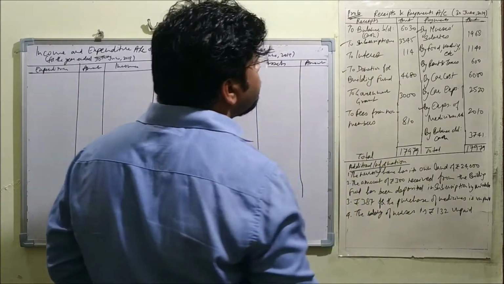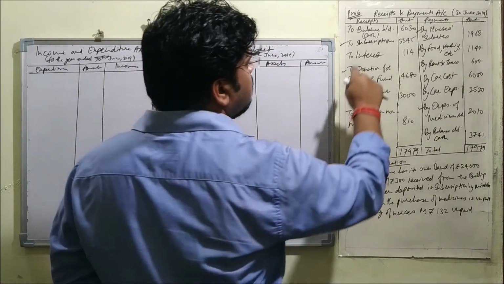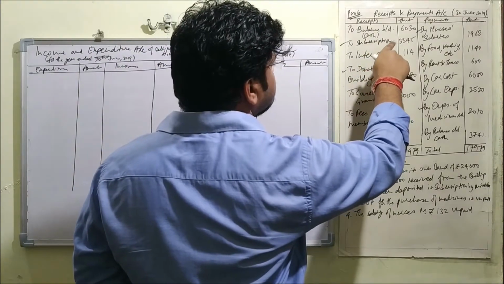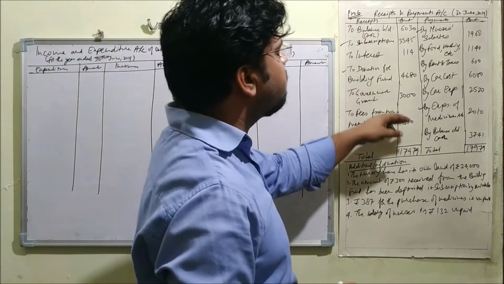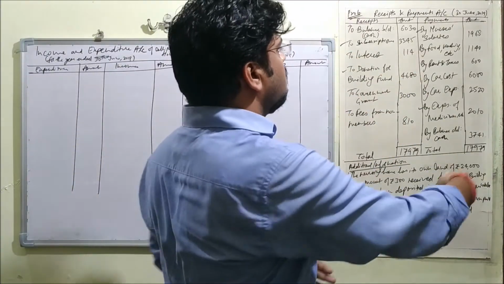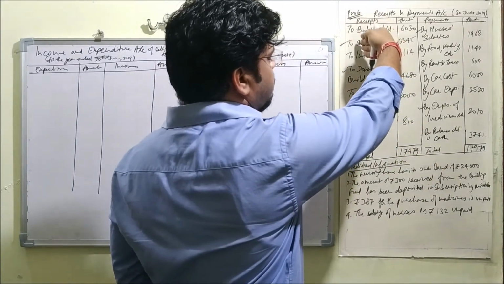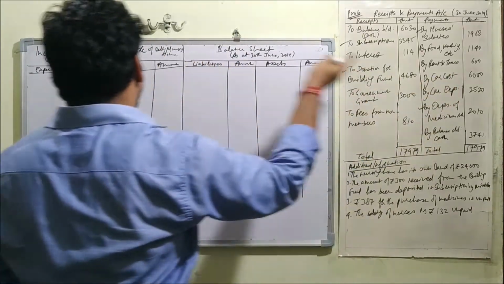We took another information, subscription. Yes, subscription will be shown. See, this is the receipt and payment account. If you are going to prepare the income expenditure account, then you need to make a cross. Whatever information is coming here, you will have to mention here, and whatever is coming this way, you have to mention there.